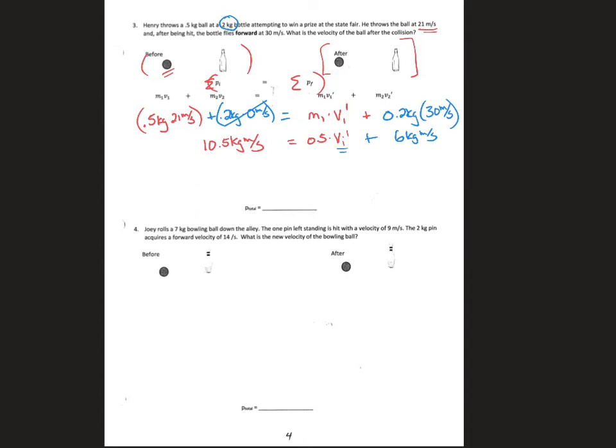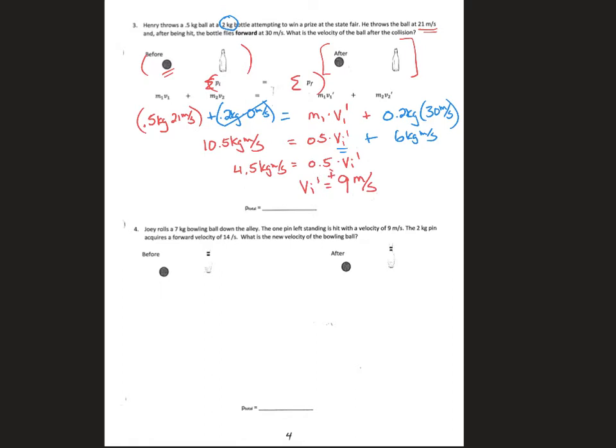To get v1 prime alone, we're going to have to subtract 6 from both sides, and we're left with 4.5 kilograms meters per second equals 0.5 times v1 prime. So v1 prime, the final velocity of the ball, is 4.5 divided by 0.5, which is really times 2. And of course you get 9 meters per second.